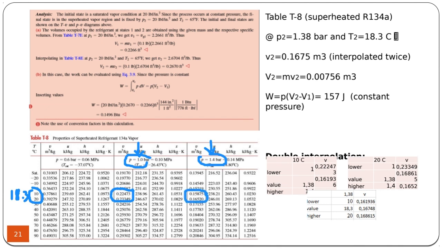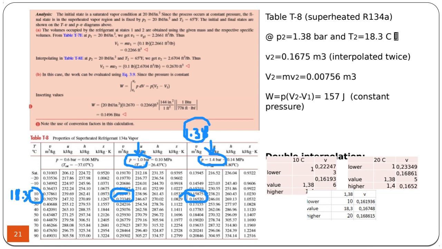Now you have the specific volume for 18.3, but the pressure is still not 1.38 bars. So as a new interpolation, you can use the interpolated value here and the interpolated value here to find the value for a pressure of 1.38 bars.